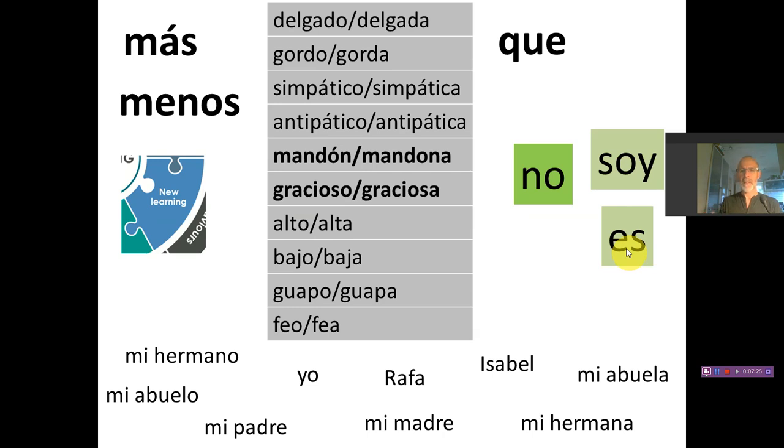Is, es. And if you remember, we did this in the context of something called comparatives, which is a flashy, grammatical way of saying when you want to compare things. So we started with más, meaning more. Que here meaning than.